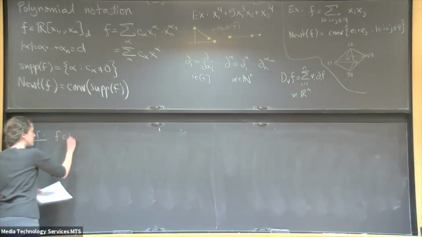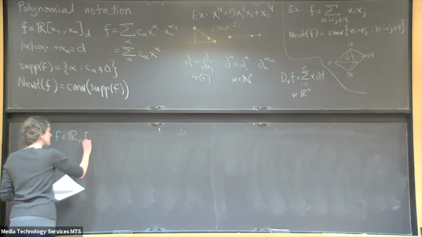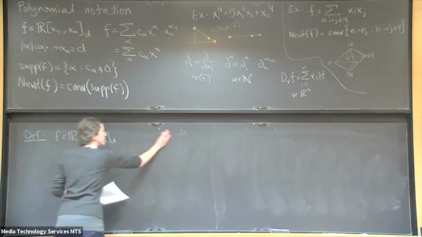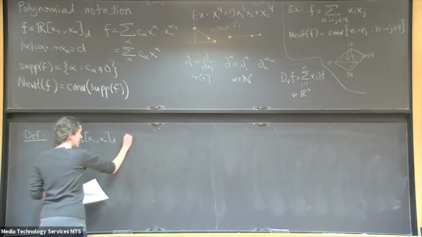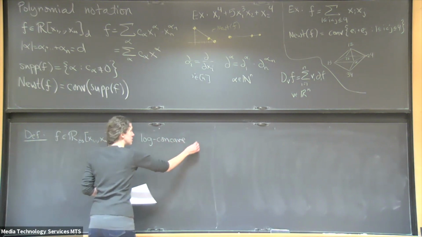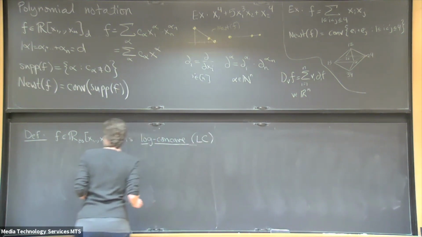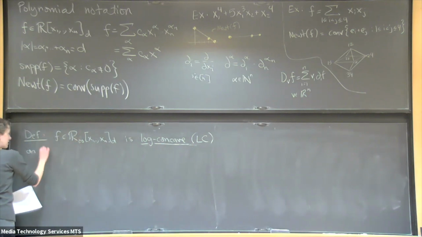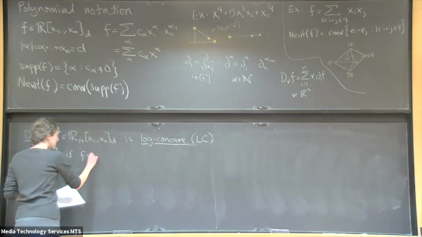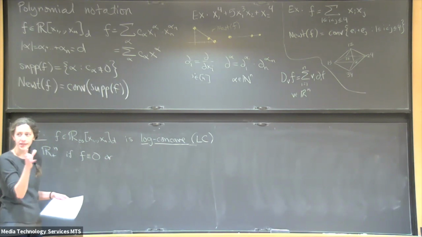A polynomial with non-negative real coefficients, homogeneous of degree d, I'm going to say is log-concave, abbreviated LC, on the positive orthant if it's either identically 0, or, if it has non-negative coefficients and is non-zero, then it defines a positive function.